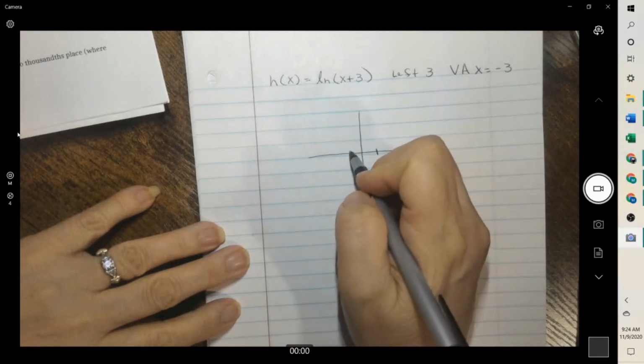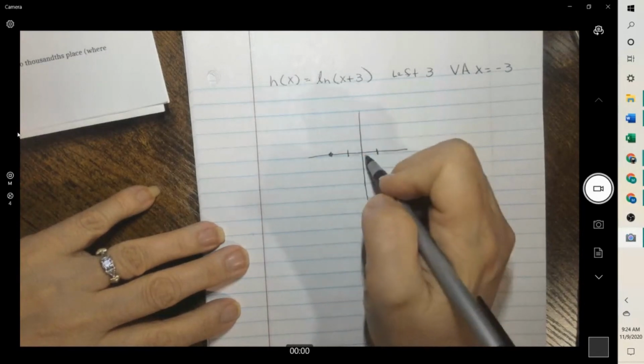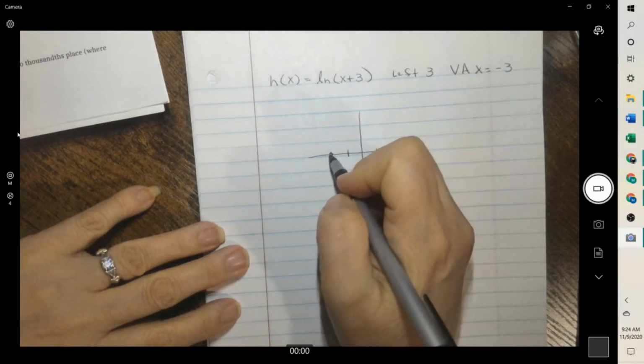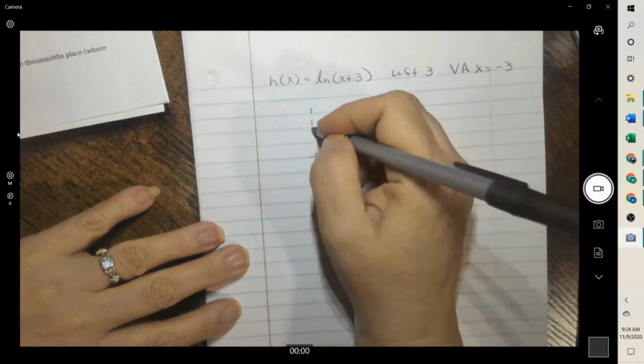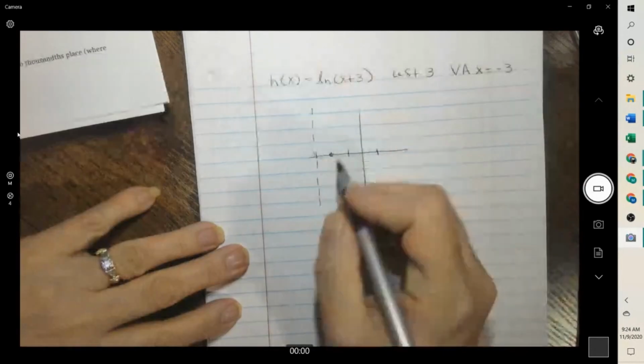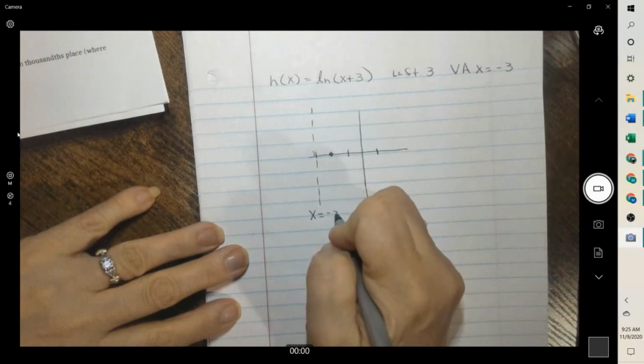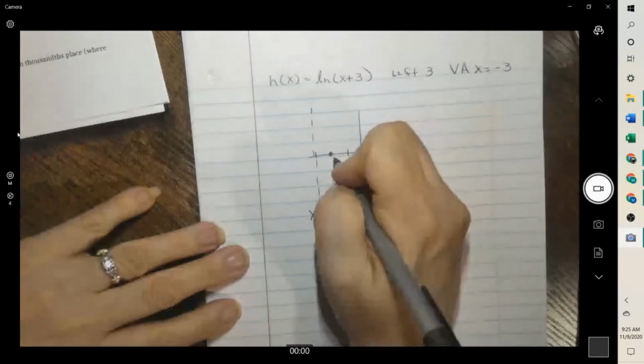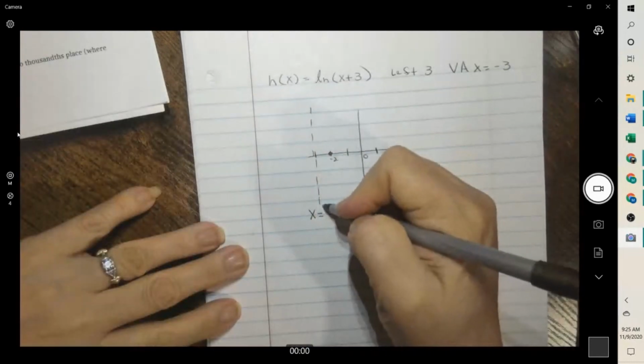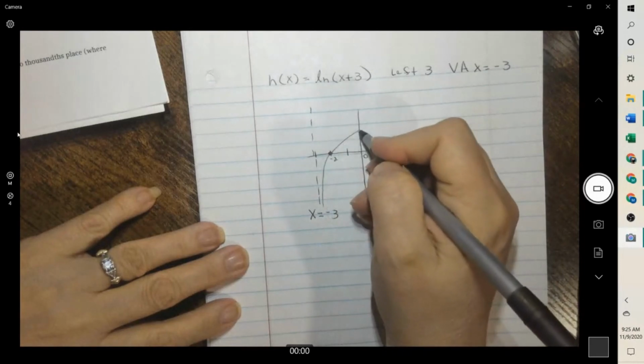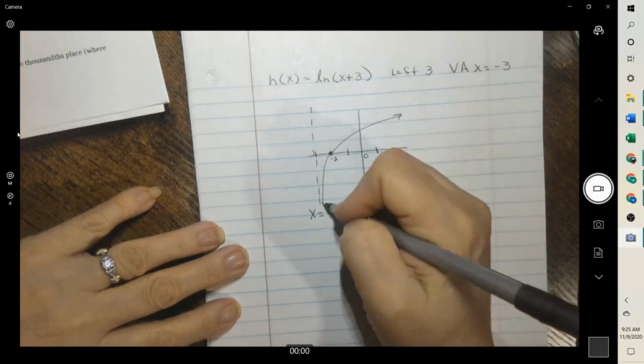It's moving 1, 2, 3 here. Our asymptote was at 0. It's moving to -3. And there's your graph.